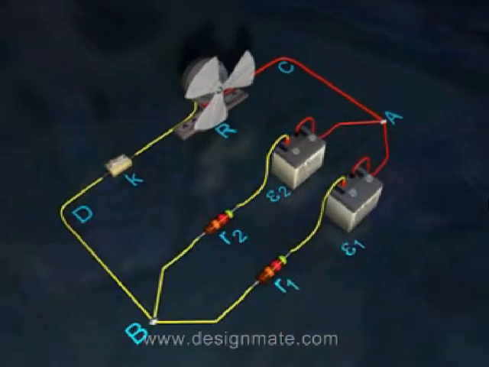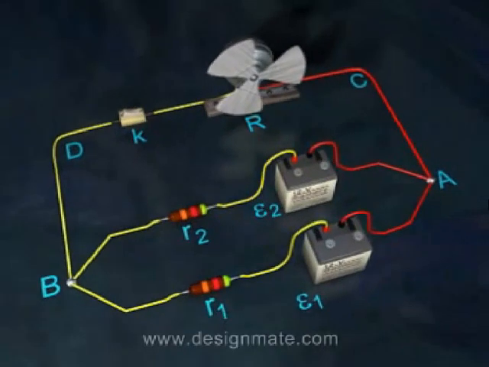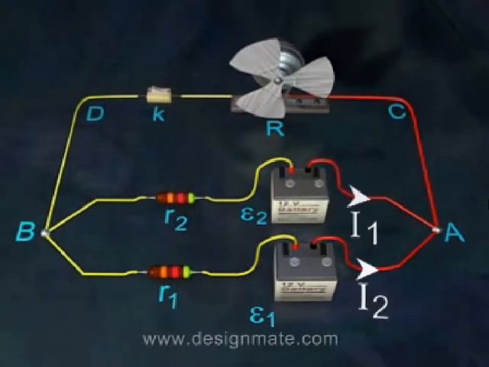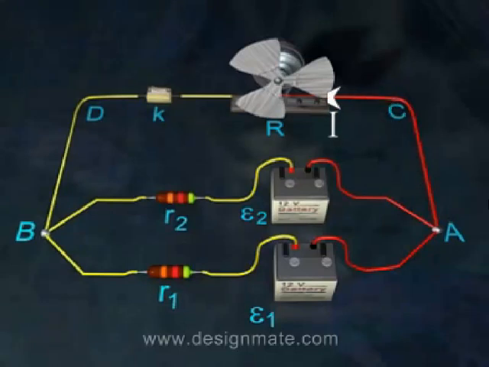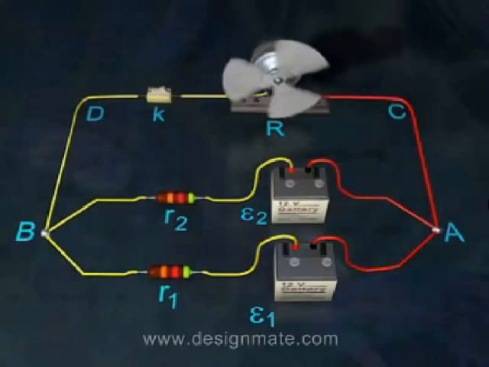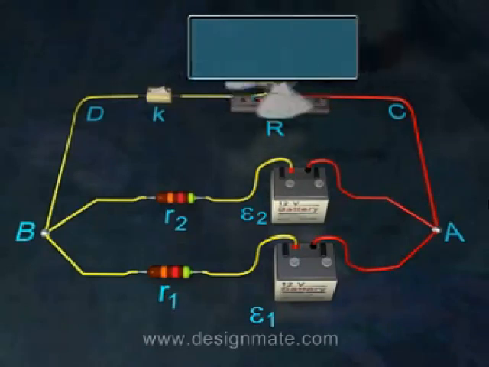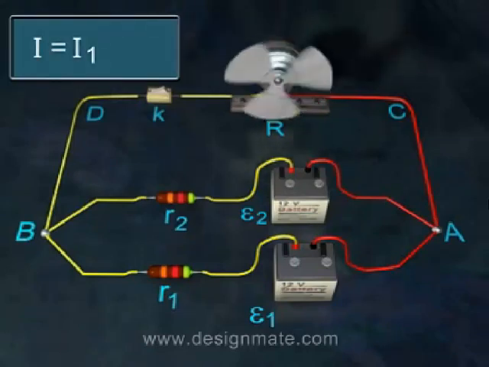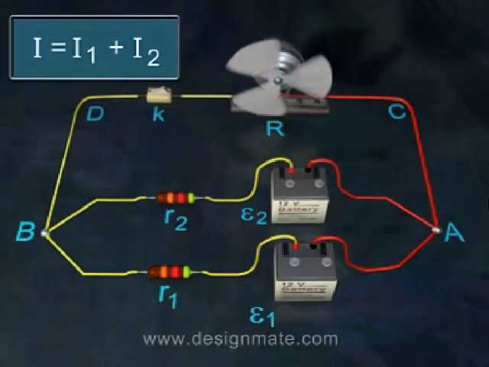Consider one simple connection. We are interested in calculating the current flowing through resistor R. Applying Kirchhoff's first law at junction point A, we have I is equal to I1 plus I2.